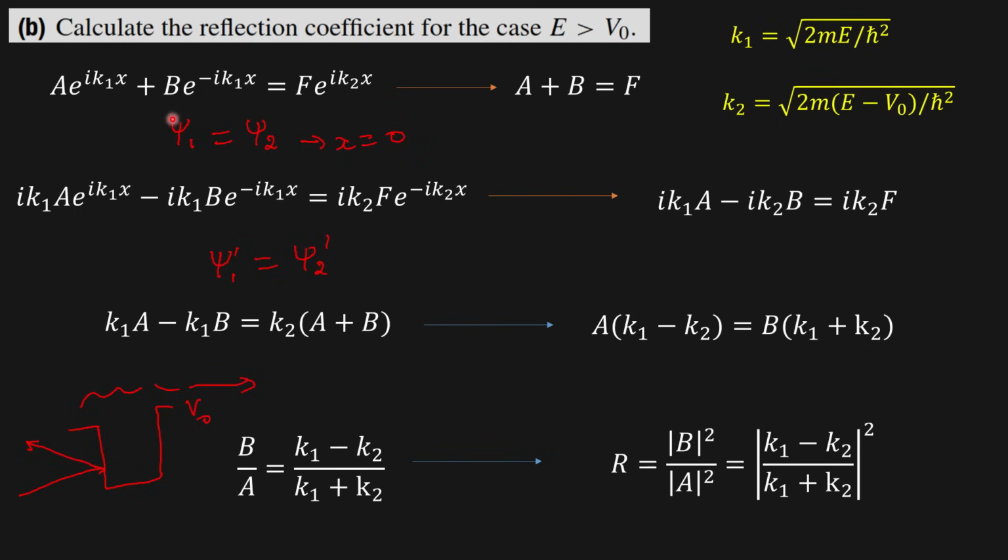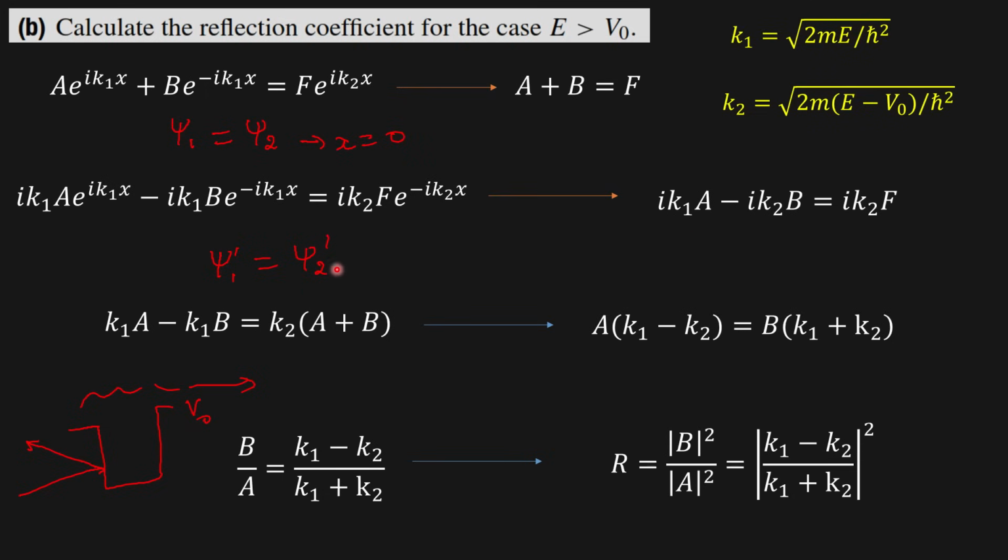When you differentiate this, you will get minus ik1 B e power minus ik1 x, which is equal to, if you differentiate this, ik2 F e power ik2 x. So when x is equal to 0, this will become ik1 A minus ik1 B is equal to, because e power 0 is 1, ik2 F.